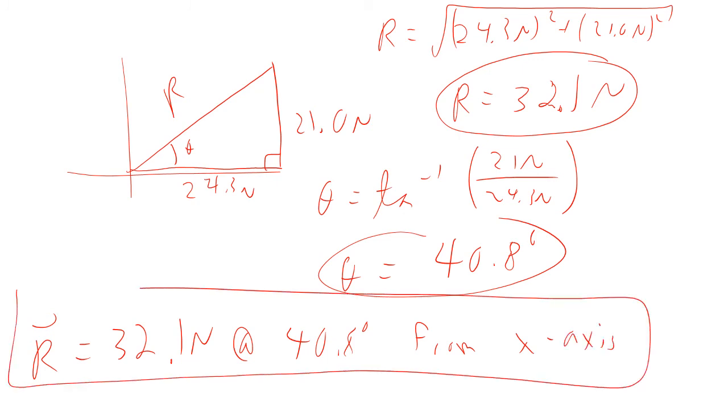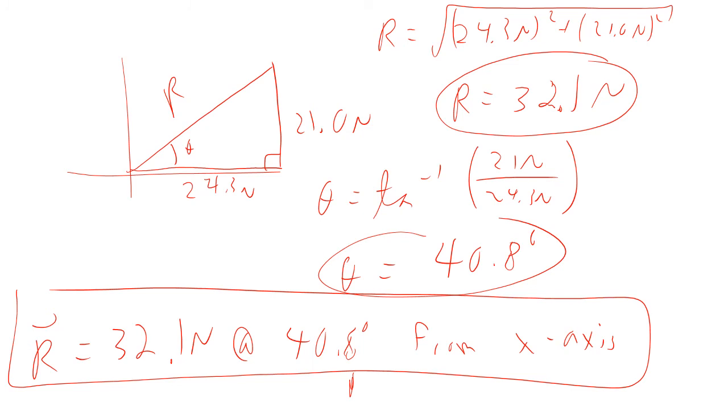And that is same as before. I think before we had 40.9 degrees, but this is our least significant digit right there. So it rounds the same. So within rounding error, these are two ways of solving exactly the same problem.